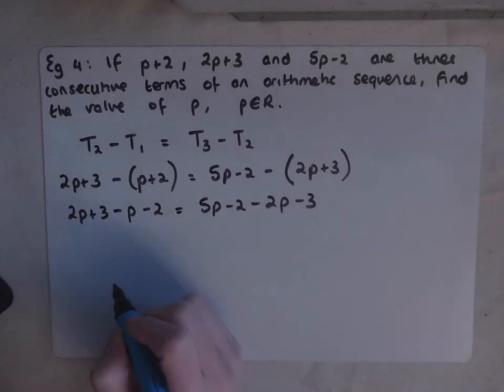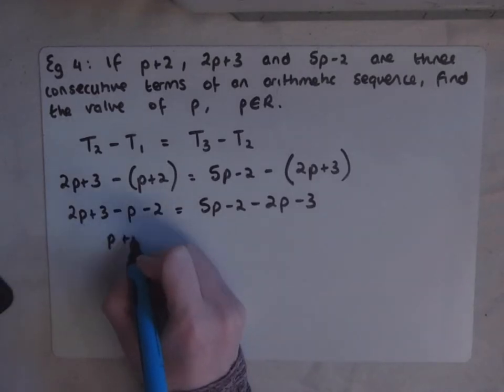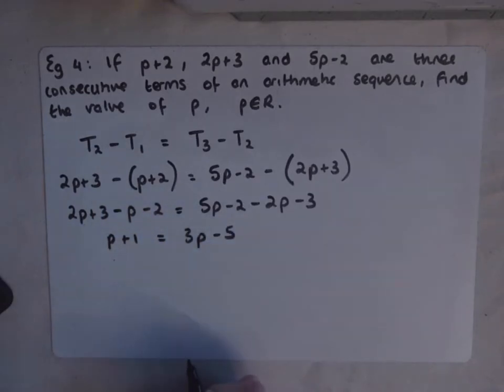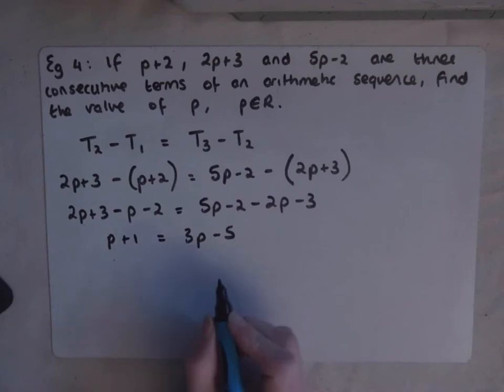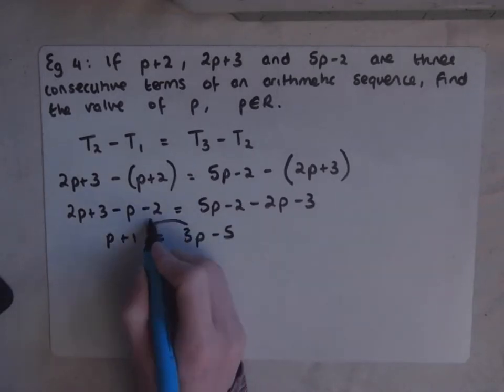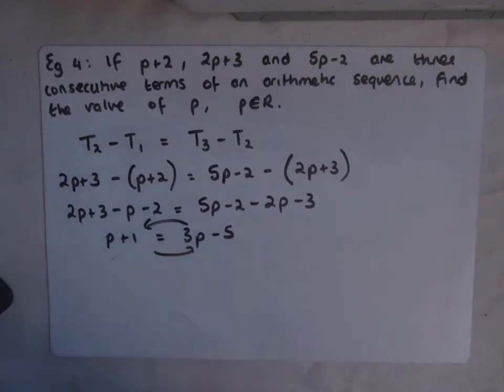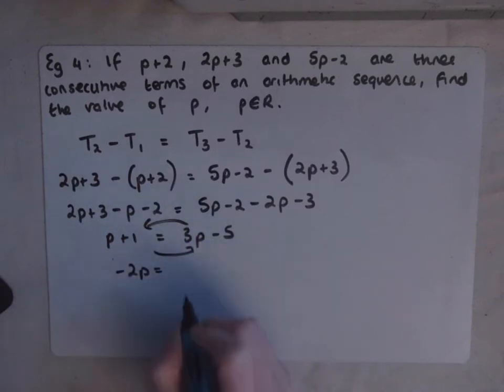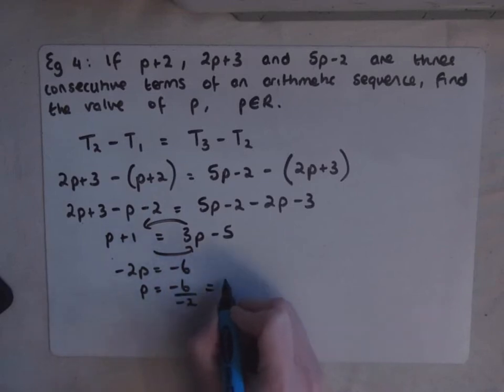And all you're going to do is just keep tidying. So that's p plus 1 is 3p minus 5. Letters to one side, numbers to the other. So p take 3p is minus 2p, and minus 5 minus 1 is minus 6. So p is 3.